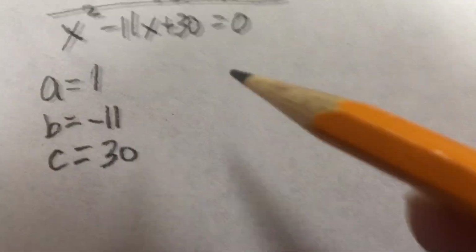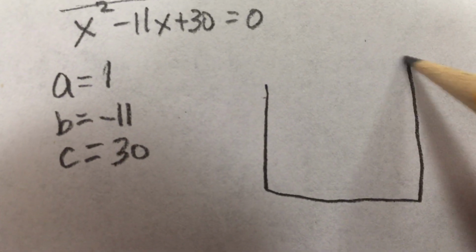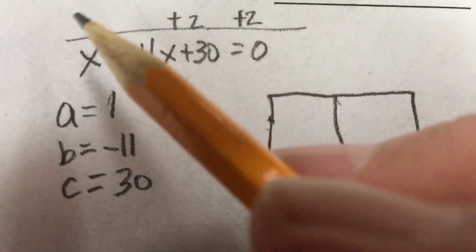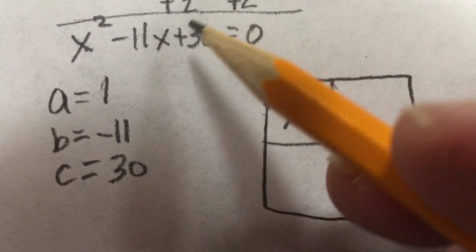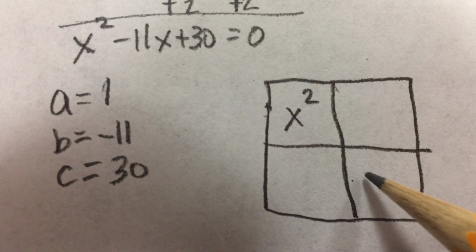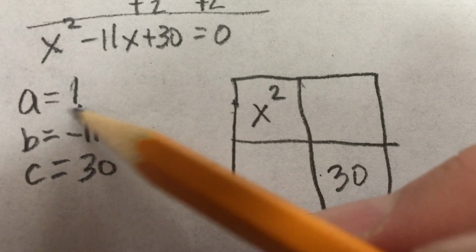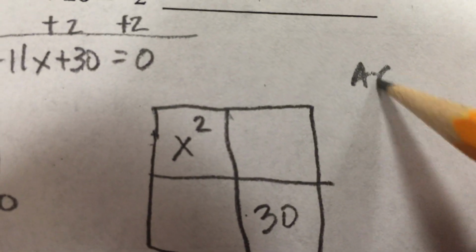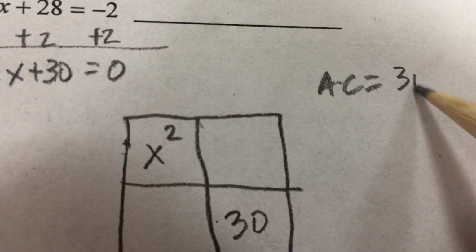I'm going to draw my box. First term, first box. Last term, last box. Multiply A times C. So 1 times 30 gives me 30.